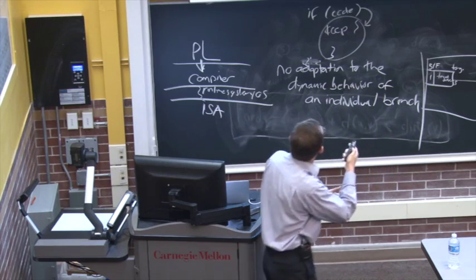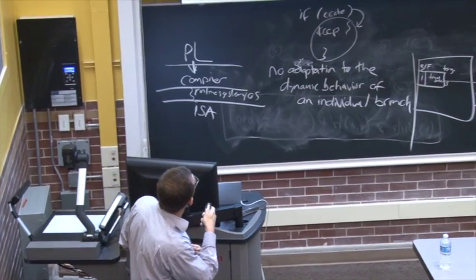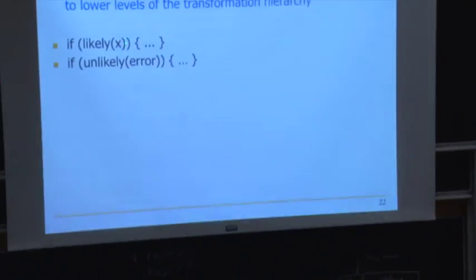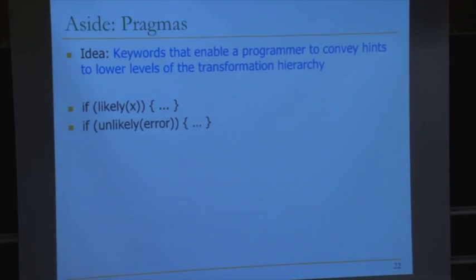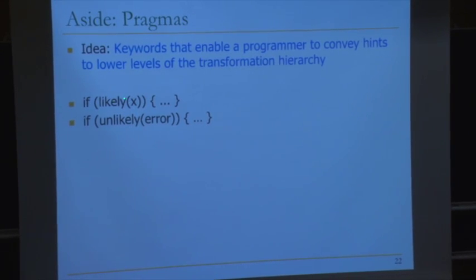An example in C is this. C has this pragma likely. If likely x says that this branch that checks x is likely taken. And the compiler says, oh, the programmer told me that this branch is likely taken.